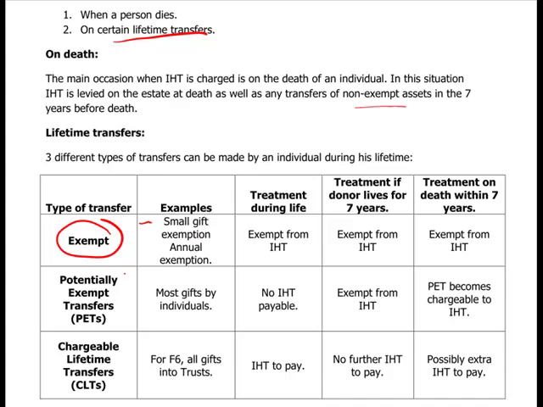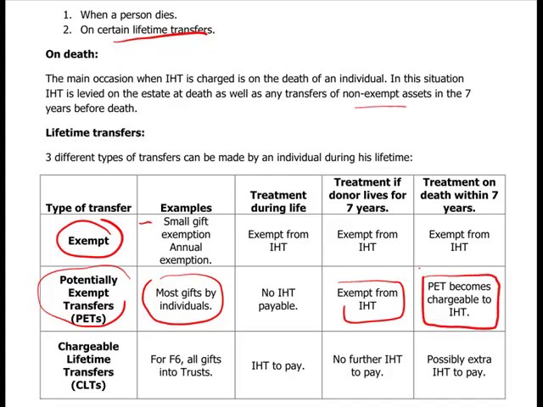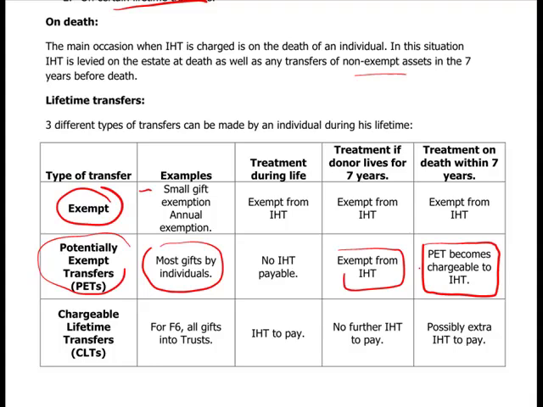Potentially exempt transfers are where you make a gift to an individual. There's no IHT payable at that point in time. If the donor lives for 7 years, then it still remains exempt. However, if the donor dies within 7 years, the potentially exempt transfer becomes chargeable to IHT. It becomes part of their estate.